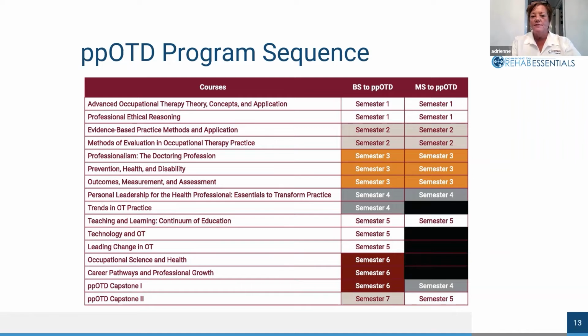They're purposely meant to be grouped together so that they're not overwhelming you. Again, we understand that this is a curriculum for practicing therapists and busy therapists who want to maintain that work-life balance. So some of the courses you might see there, you start out with very foundational classes, or reminding yourself of those foundational classes, theory, concepts, and application.